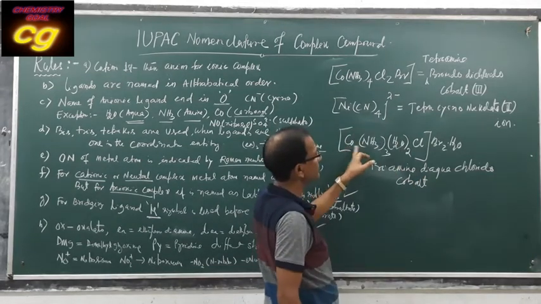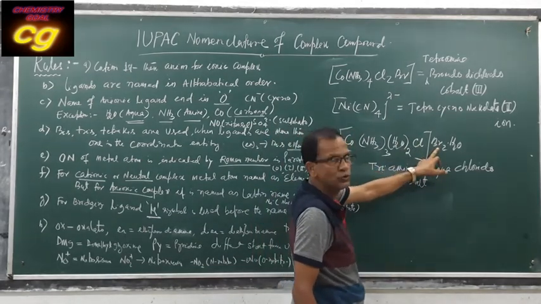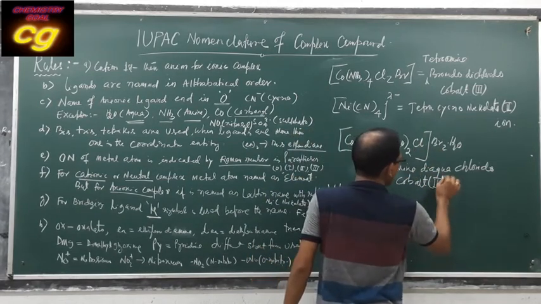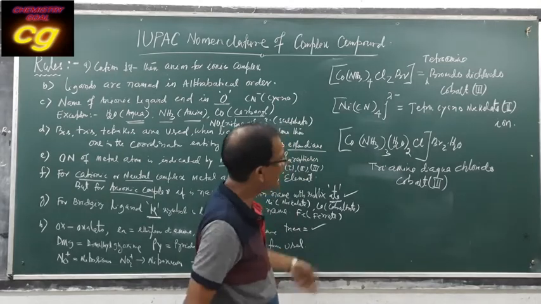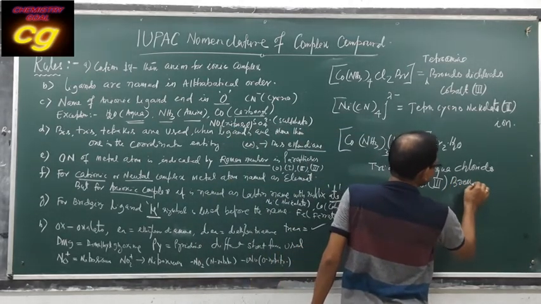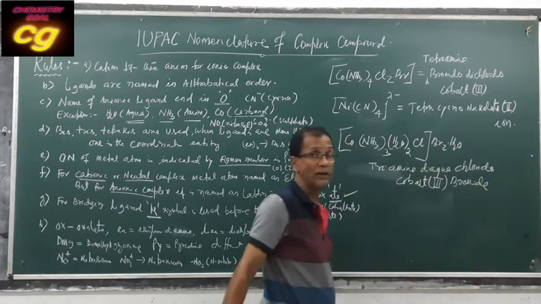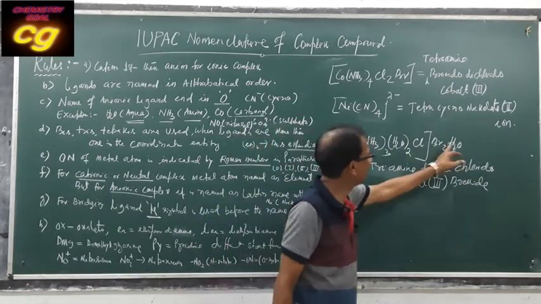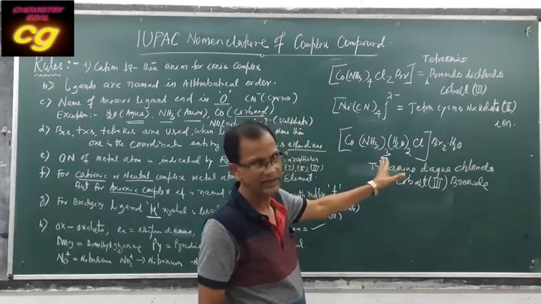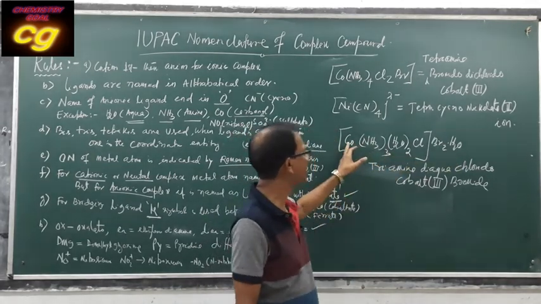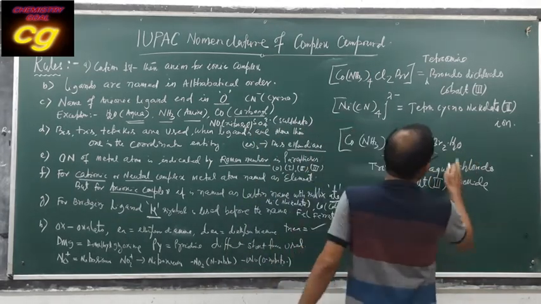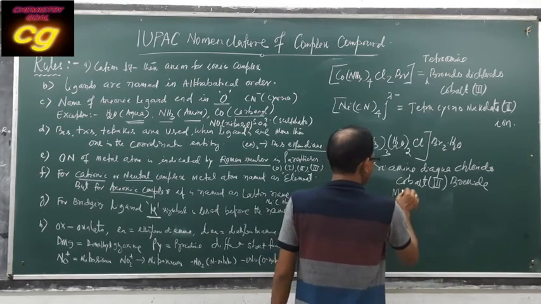Cobalt charge is 3 because 1 here, outside 2, and 1, 3, so oxidation number 3, cobalt(III). Then outside is bromide, not dibromide, only bromide. As water is present outside, it is not a ligand, it is just connected to the metal ion by hydrogen bond. So it is not a ligand. So bromide monohydrate.